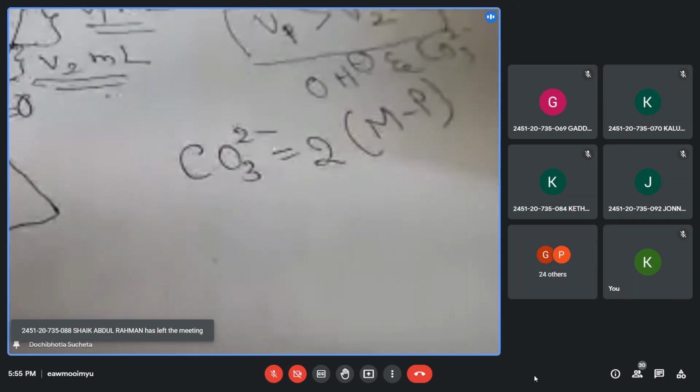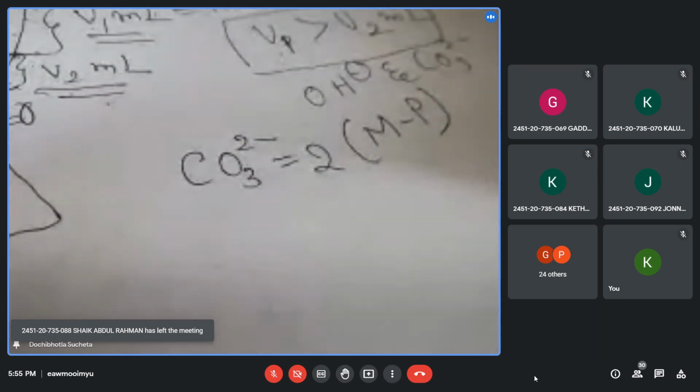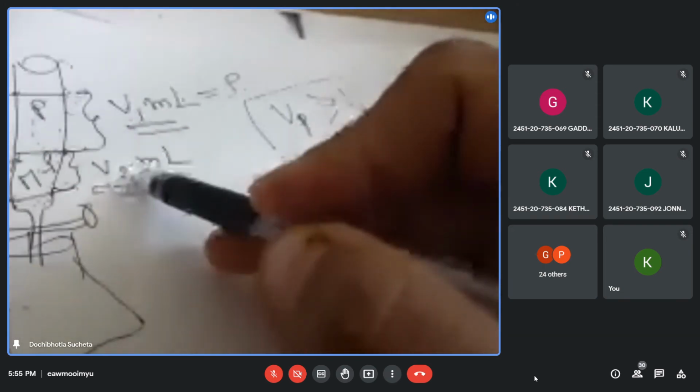Correct? Am I correct? Easy? Okay. So this is 2 into M minus P.